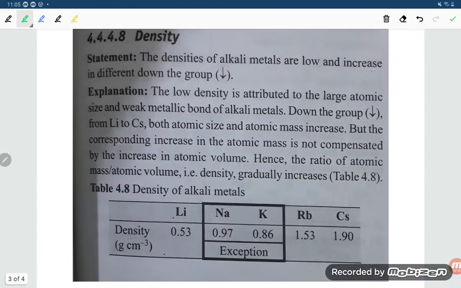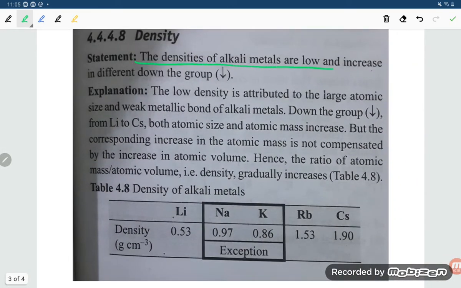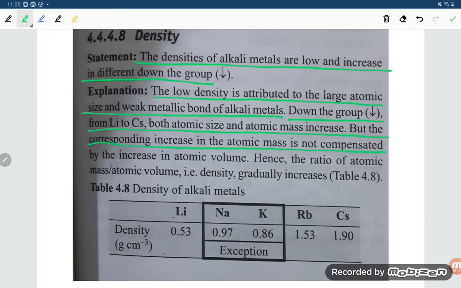Let us have more explanation, student. The density of alkali metals is low and increases down the group. The low density is attributed to large atomic size and weak metallic bonding of alkali metals. Down the group, from lithium to cesium, both atomic size and atomic mass increase, but the increase in atomic mass is not compensated by the increase in atomic volume.